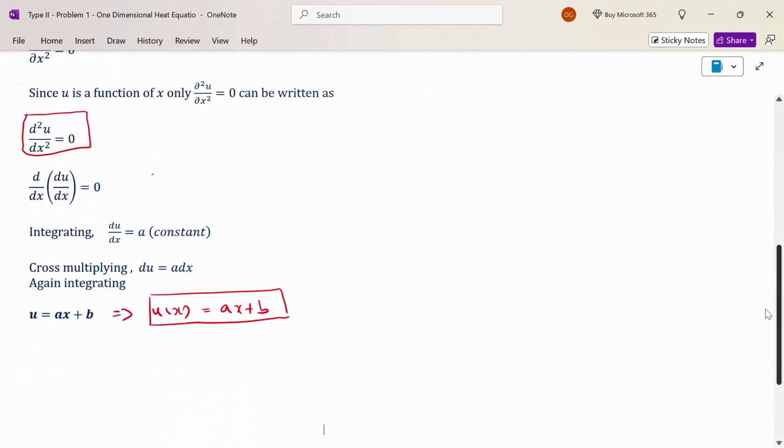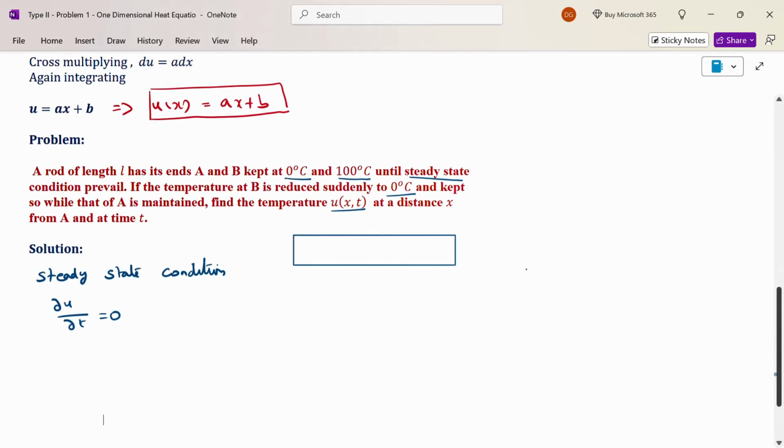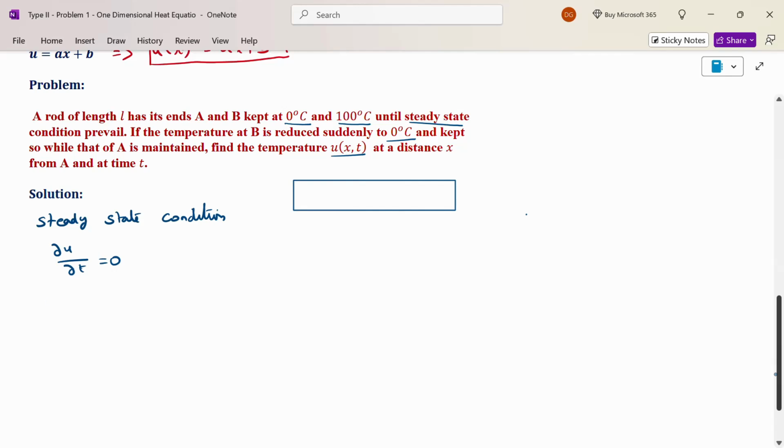So the steady state condition is dou u by dou t equal to 0. Now we substitute this condition into the one-dimensional heat equation.